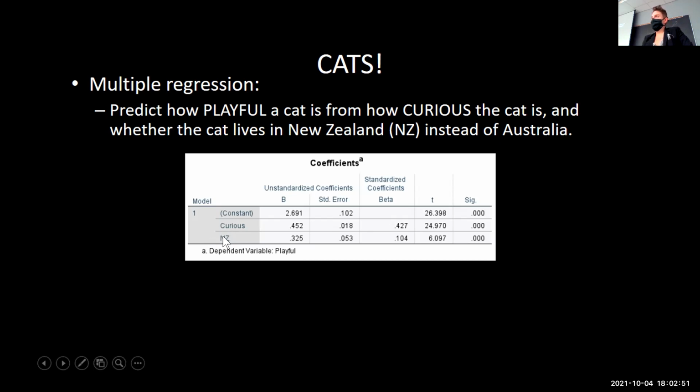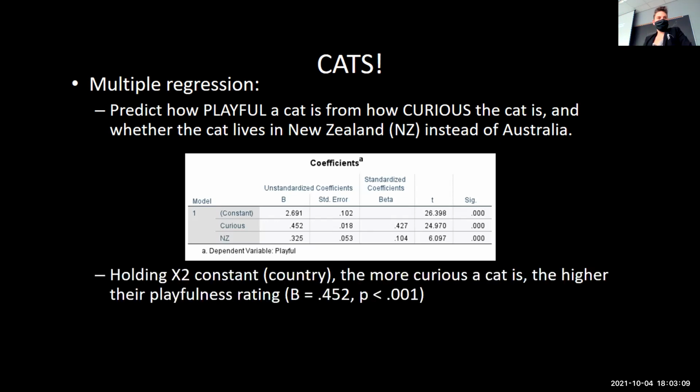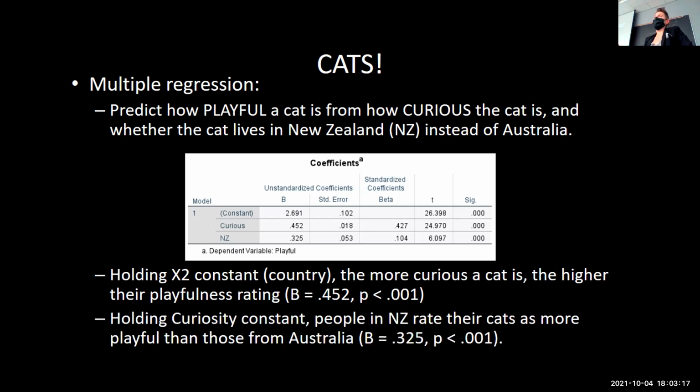yes or no? In this case, because there's no 0 indicated here, like we've seen in the other GLM outputs, sometimes we'll see one that has a 0 next to it. We don't have that. So here we're going to rely on New Zealand: 1 is yes, New Zealand, and no is no, it's not New Zealand, it's Australia. So I just walked through how to interpret these, which is the same thing as your homework for last week.